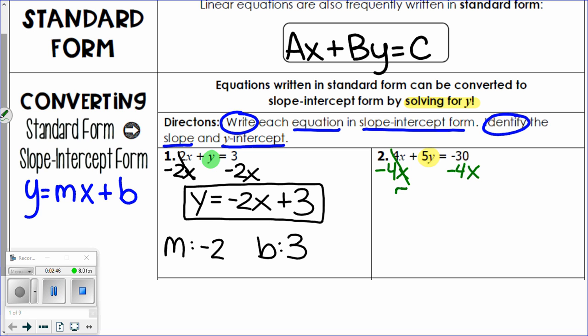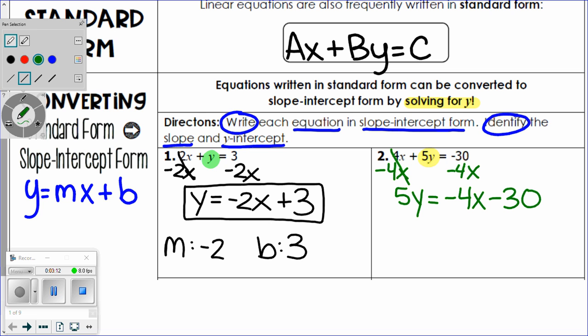Bring down your 5y equals. I cannot put negative 30 minus 4x together because they're unlike terms. And my mx term comes first, so I'm going to write negative 4x first. Then my b value, so then minus 30.